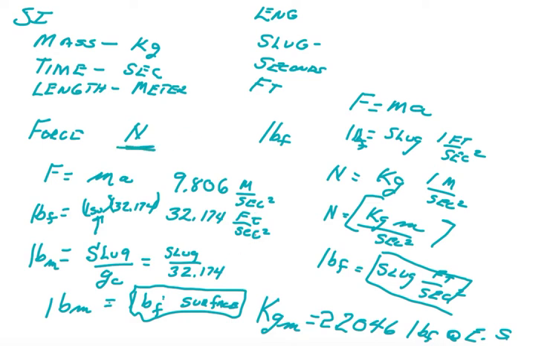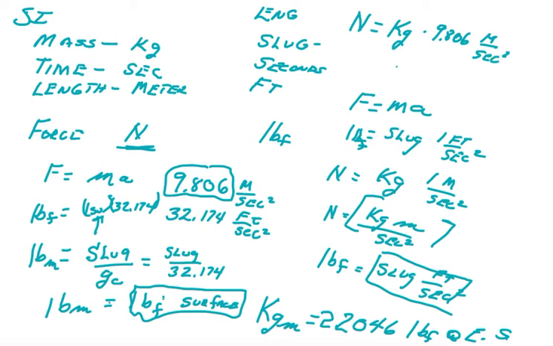What is the relationship between a Newton and a kilogram is G sub C. So if you take force equals ma, you will find a Newton is equal to a kilogram times 9.806 meters per second squared.